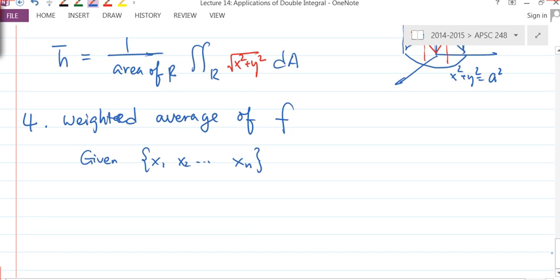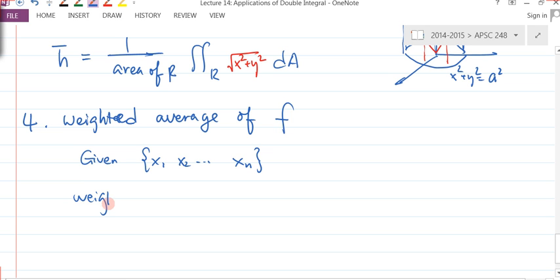So you have n number of data. Now if you want to calculate the weighted average, each one of the data has a different weight. One of them probably carries a bigger weight, and one of them probably carries a smaller weight. That's a very common idea.